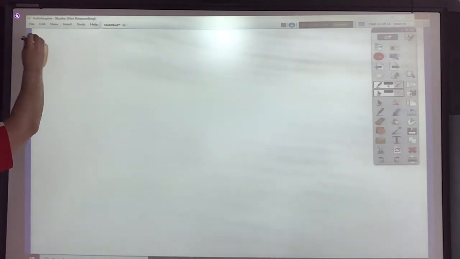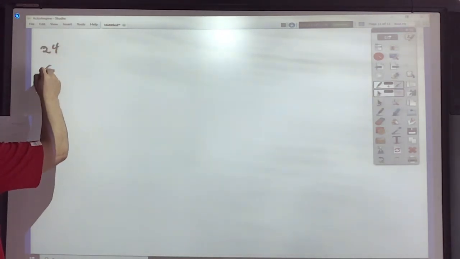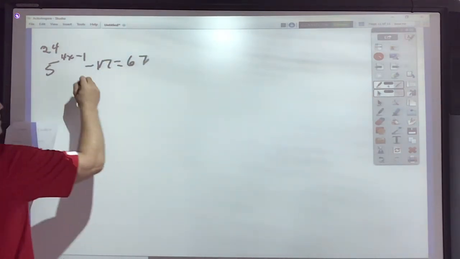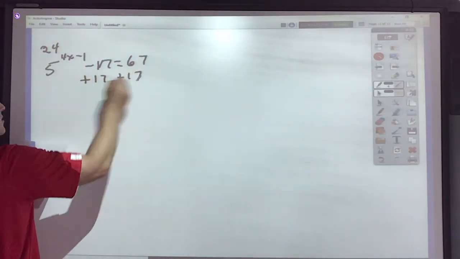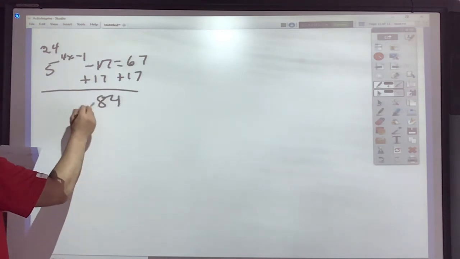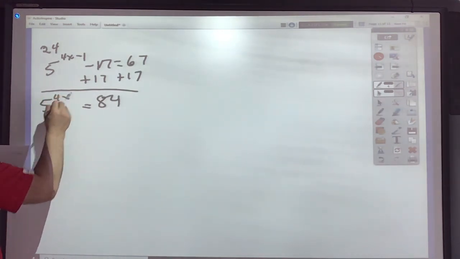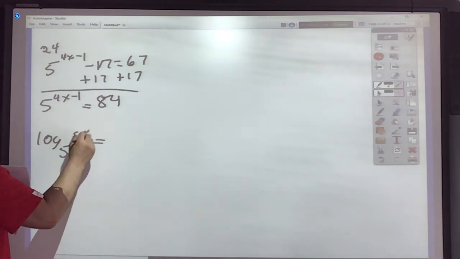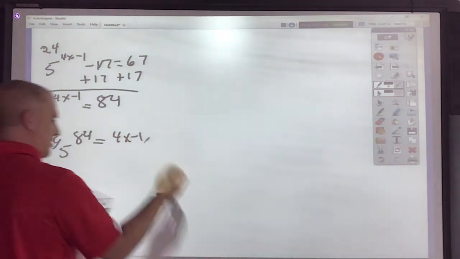Okay, I got 5 to the 4x minus 1 minus 17 equals 67. I'd add this 17, gives me 84. All right, and then I want to convert this to a log. So this would be log base 5. The 84 comes over, 4x minus 1, okay?